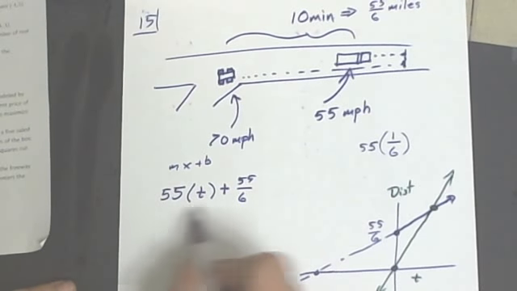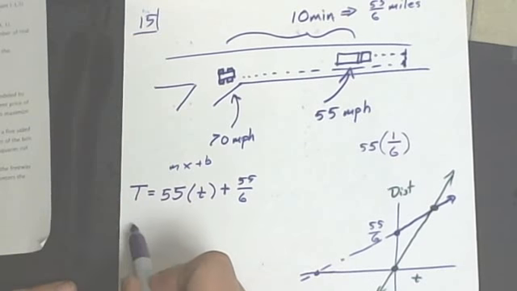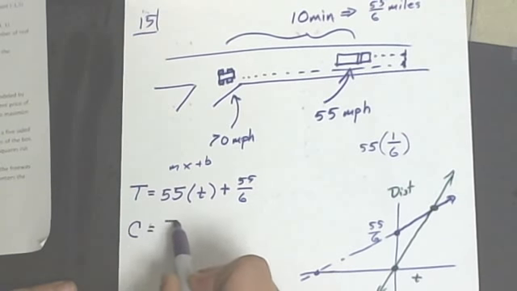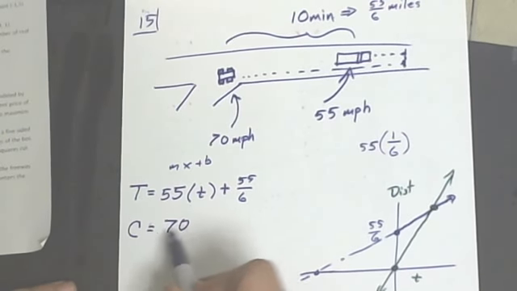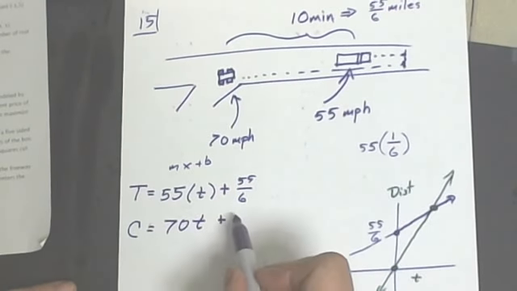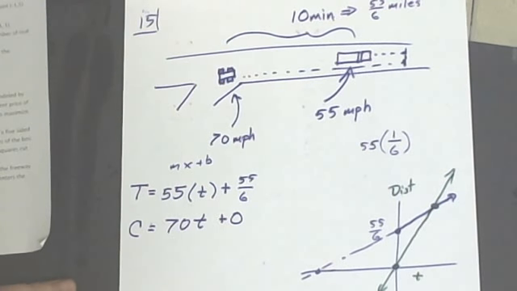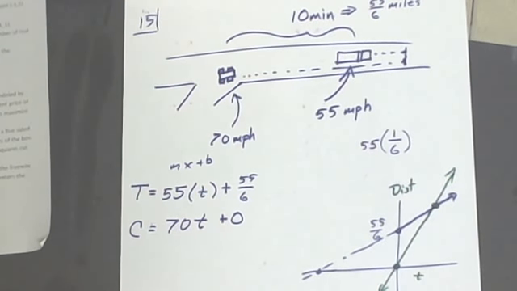So this is the equation for the truck, capital T for truck. The car is going 70 miles an hour, so 70 miles for every time, plus, where is it starting? Well, it's starting exactly at the on-ramp, so its initial value is 0.